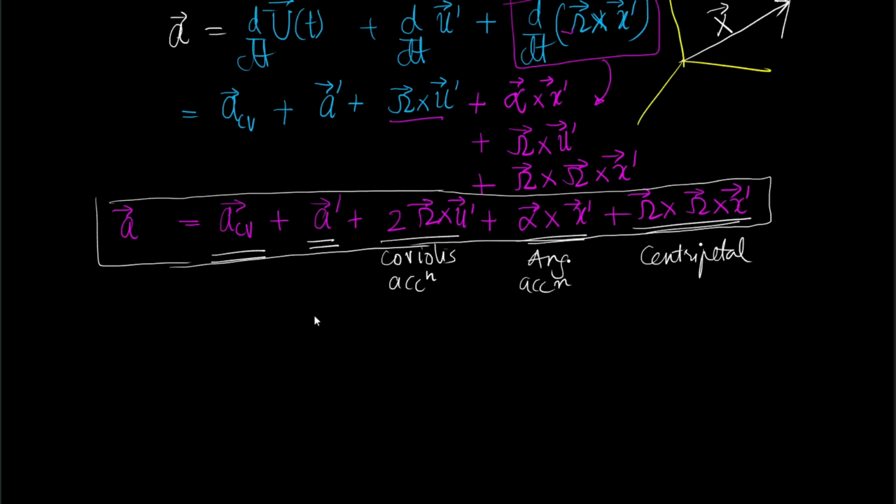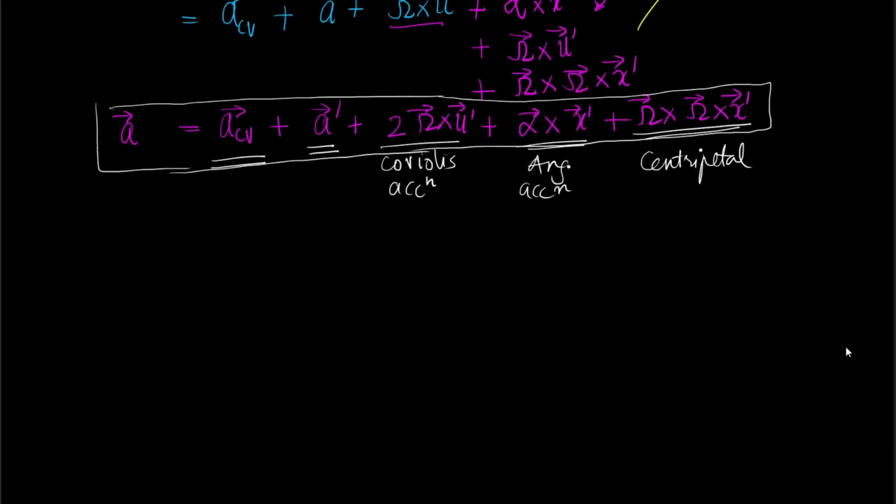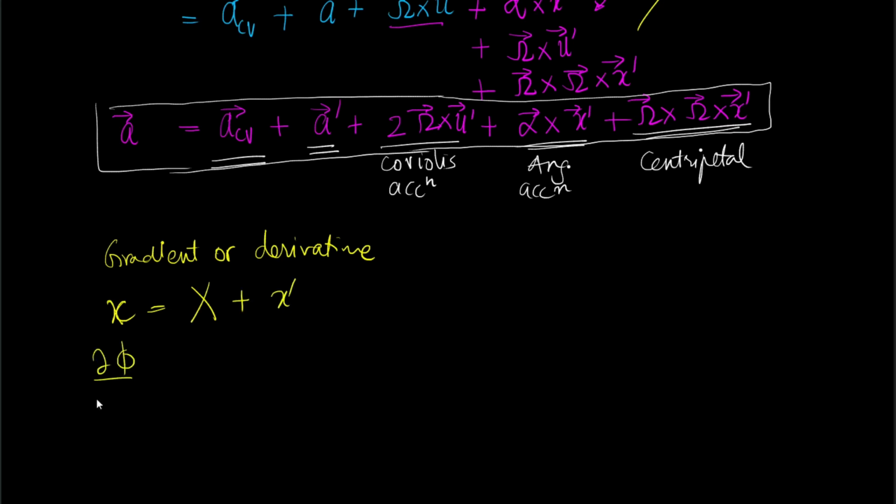So now let us write down the statement of conservation of momentum. Actually, any kind of gradient or derivative does not change because of the moving frame. Suppose we just consider a one-dimensional problem, that is x equal to capital X plus x prime. So del of any variable del x will be del of the variable del x prime times del x prime del x, and del x prime del x is 1.